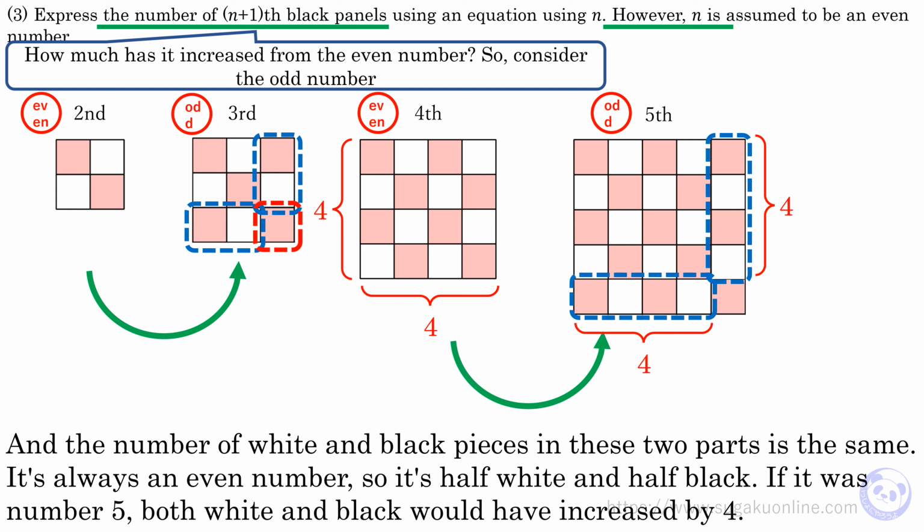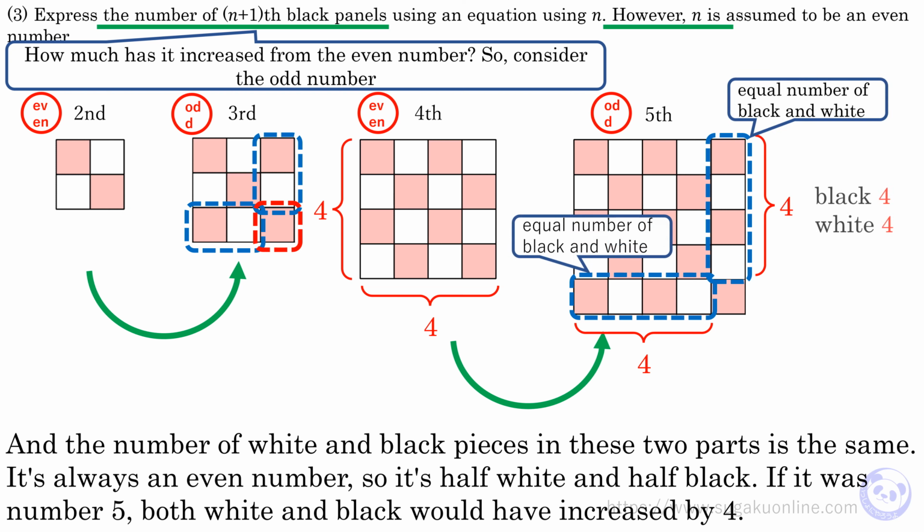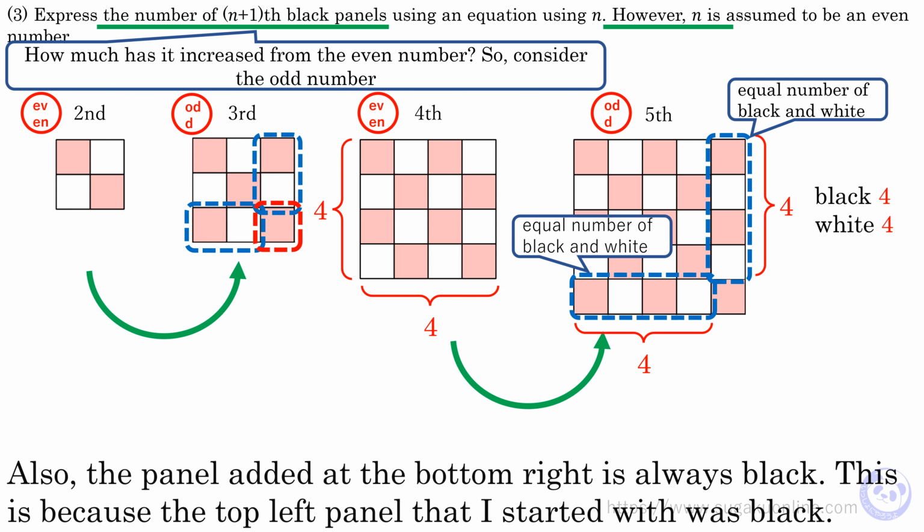It's always an even number, so it's half white and half black. If it was number 5, both white and black would have increased by 4. Also, the panel added at the bottom right is always black. This is because the top left panel that I started with was black.